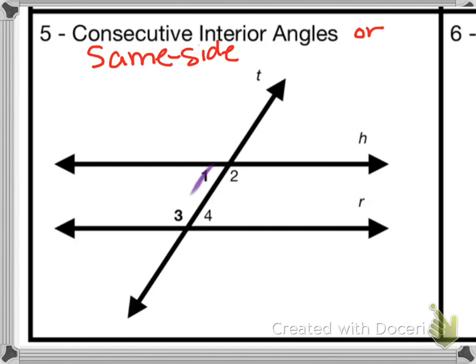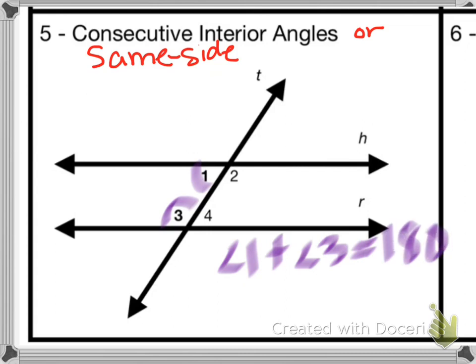So I'm going to have angle 1 and angle 3 are going to be consecutive interior angles. And so what is true about angle 1 and angle 3 is going to be that they are going to be supplementary, meaning they're going to add up to 180 degrees.